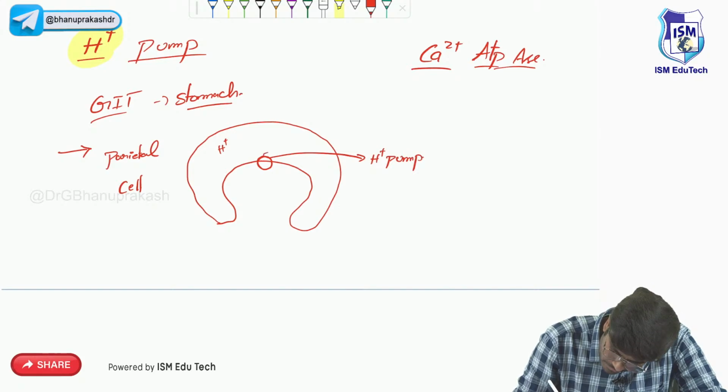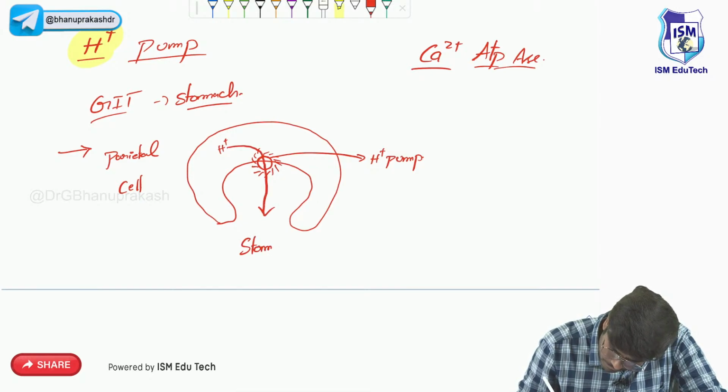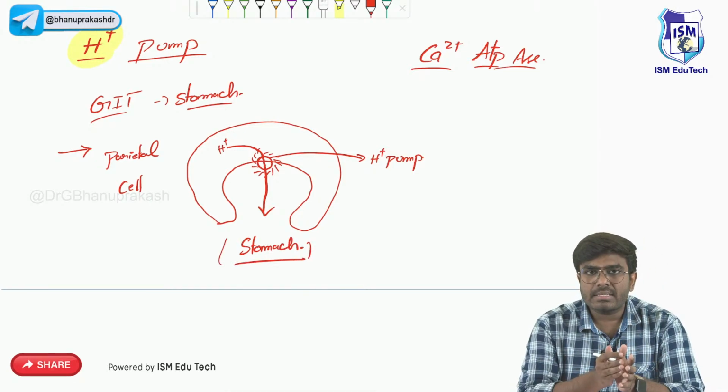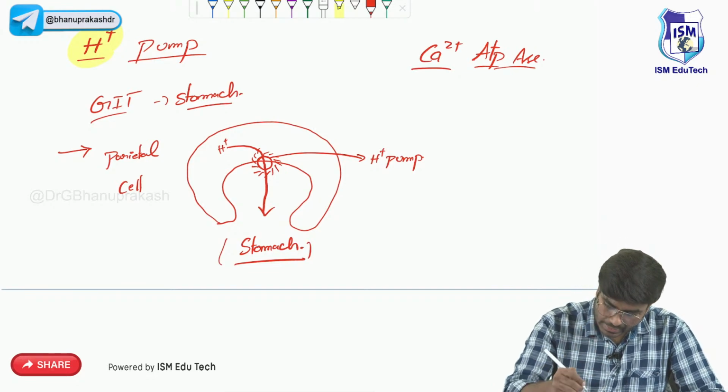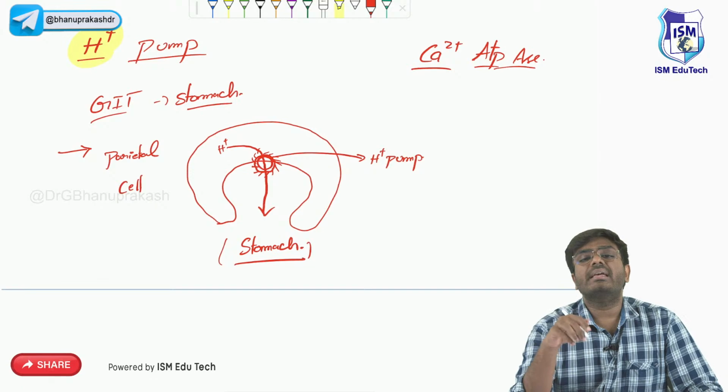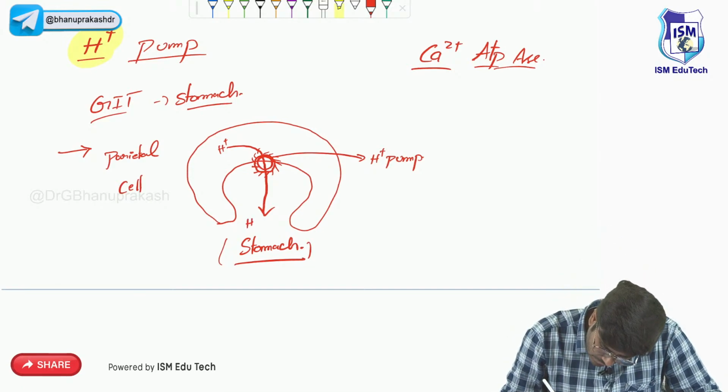With the help of this proton pump, H plus is being secreted into the lumen of the stomach. So parietal cells, with the help of this H plus pump, secrete protons. These protons will react with chloride ions and form HCl, acid, in your stomach.